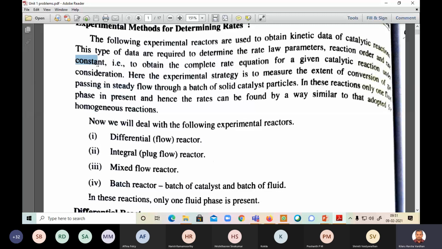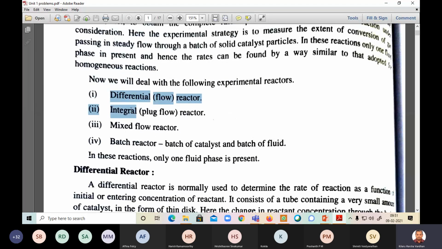We'll try to fit the experimental results to one of these 4 reactor equations. Depending on that, we can say that using a differential reactor, this is the expression we got, and using a plug flow reactor, this is the expression we got. Before going to that, we'll understand what a differential reactor is.